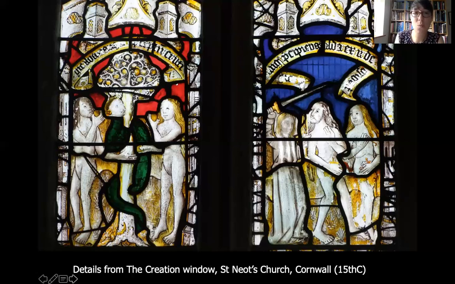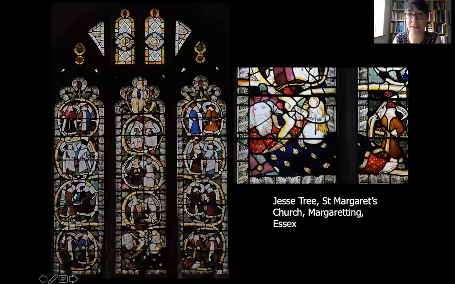There are some wonderfully imaginative interpretations of the Bible in stained glass, and amongst my favourites of these are trees of Jesse, the Jesse tree, which some of you I'm sure are familiar with. And here is an example from the Margaretting Church.